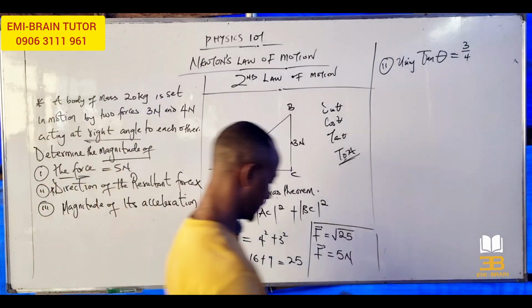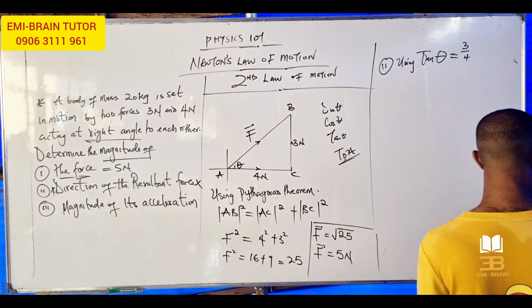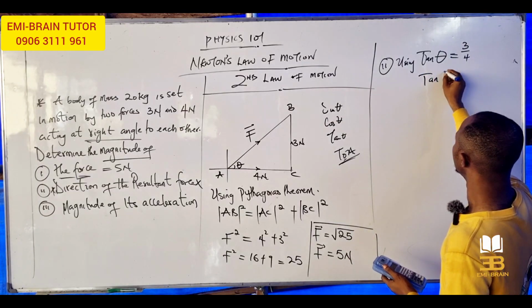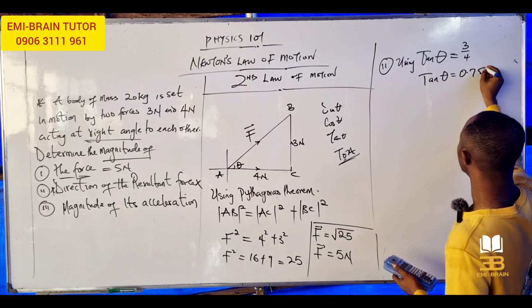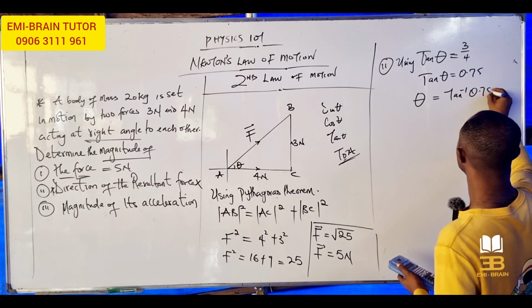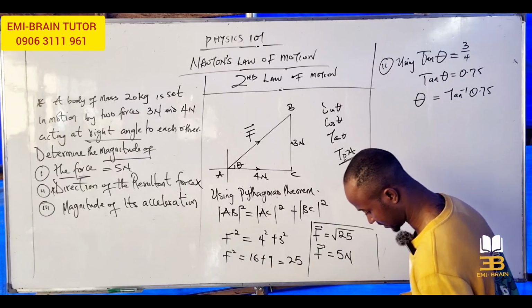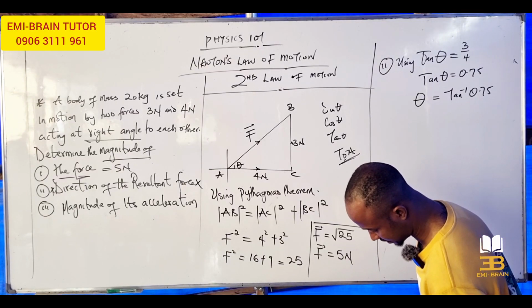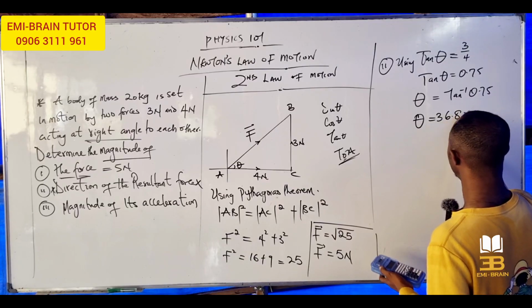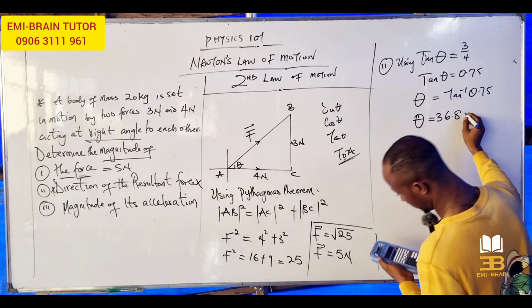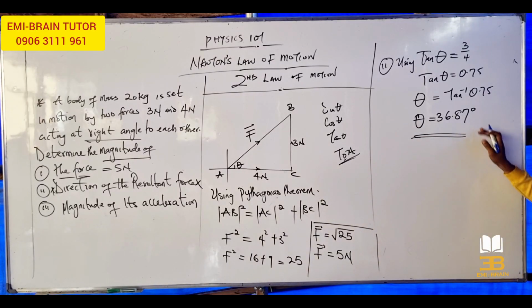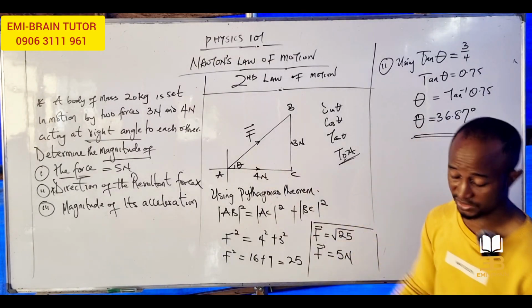When you divide 3 by 4, that gives us tan theta equals 0.75. To find the angle, you take tan inverse of 0.75, which is 36.87 degrees. So our theta is 36.87 degrees. This represents the direction of the resultant force.